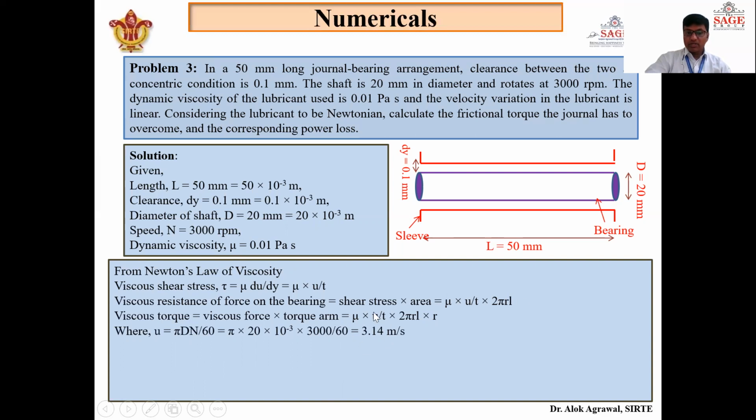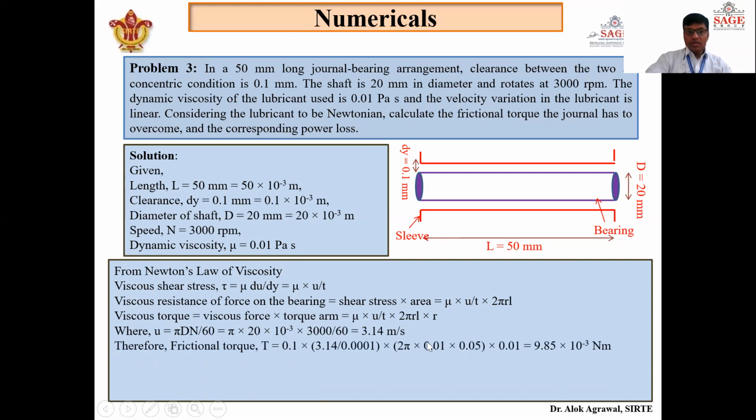Before substituting the values we have to calculate u, because u is not given here. u can be calculated as pi D N by 60, because rpm is given. So linear velocity is pi into D into N by 60, where D is 20 mm, converted to meter, and N is 3000 rpm. So we get u, the linear velocity, as 3.14 meter per second.